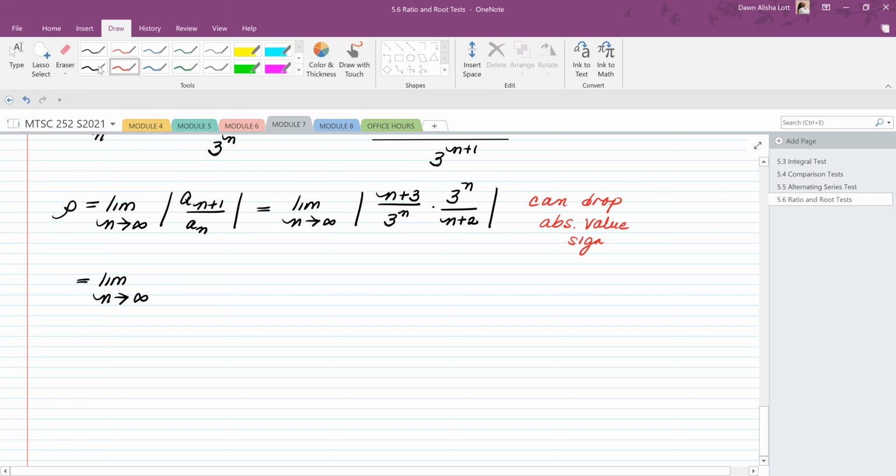Now I'm going to get n plus 3 over n plus 2. And then I'm going to get 3 to the n over, whoops, this one should have an n plus 1 over 3 to the n plus 1. Okay, so this is what I'm taking the limit of now.